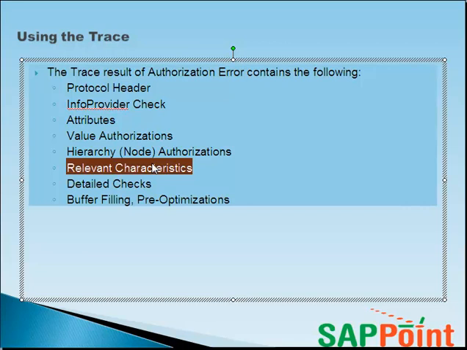It is also the list of all characteristics that are marked as authorization relevant in the info object maintenance, including the navigational attributes, reduced by those for which the user has full authorizations.